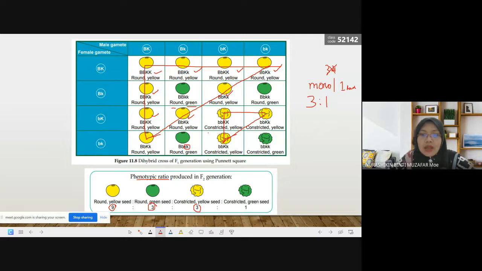So this is constricted, the shape is recessive, but the color is dominant, yellow. So constricted and yellow, there are 3. And the last one, there is only one. Both are recessive characteristics. So the genotype must be small b, small b, small k, small k.